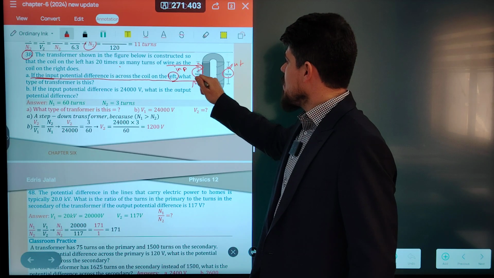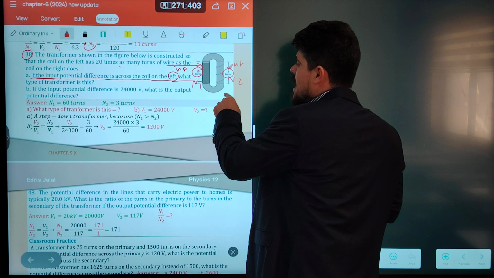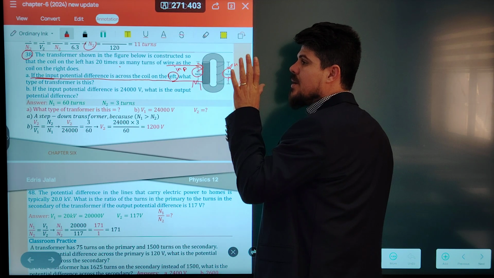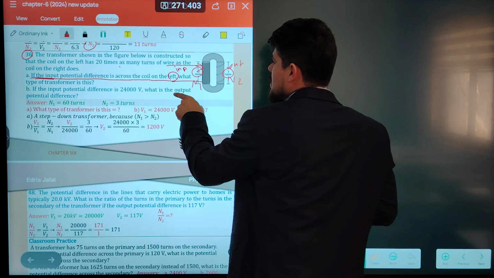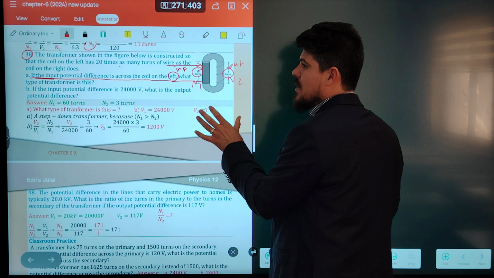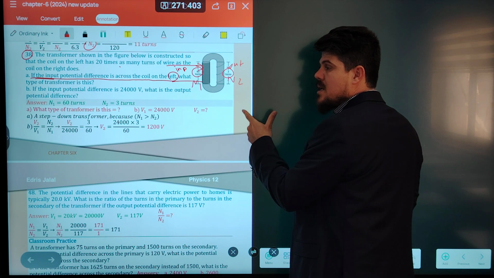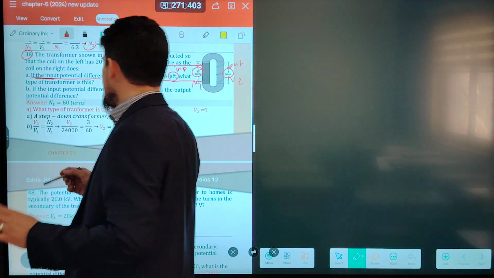Here is input, N1, N2. Because N1 is bigger than N2, the transformer becomes step down. But if the input potential difference is across the right side, the transformer becomes step up.